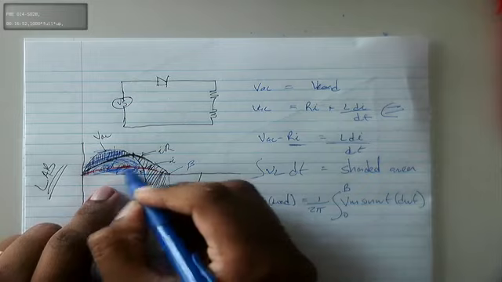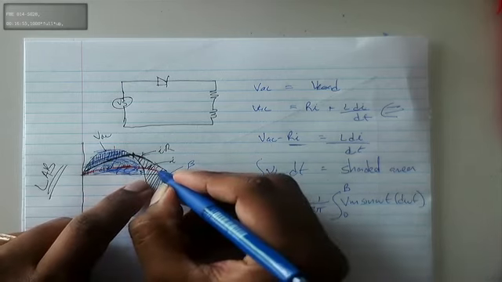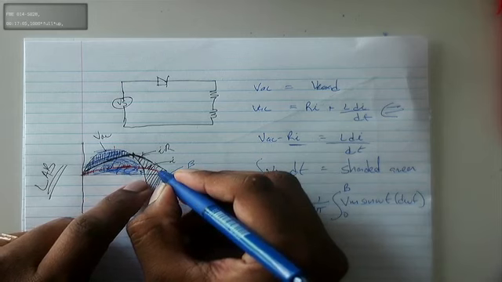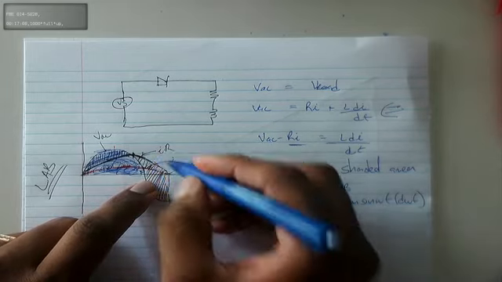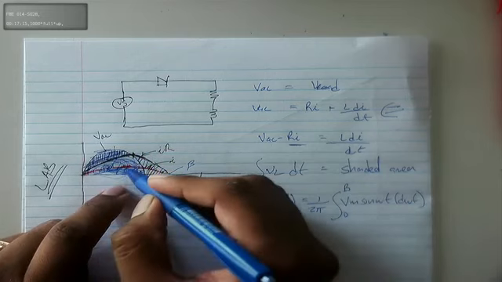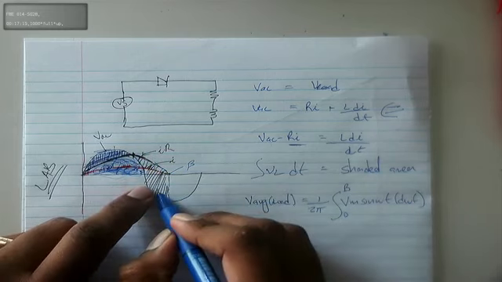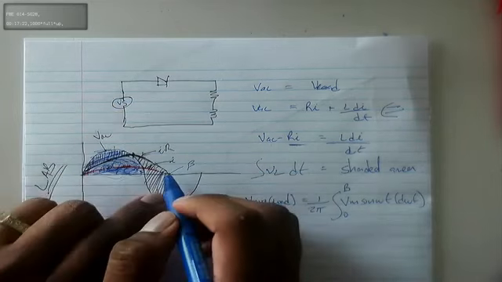Now your money finishes, you have bought your books, but you still have a friend. Who is your friend? The inductor, right? Your friend still has money. So all the money required by the resistive load after your money has finished is supplied by the inductor.